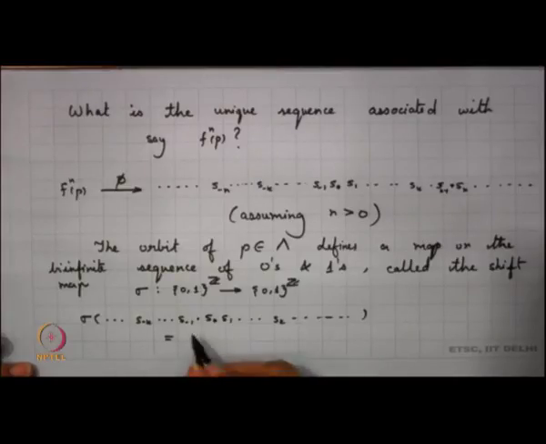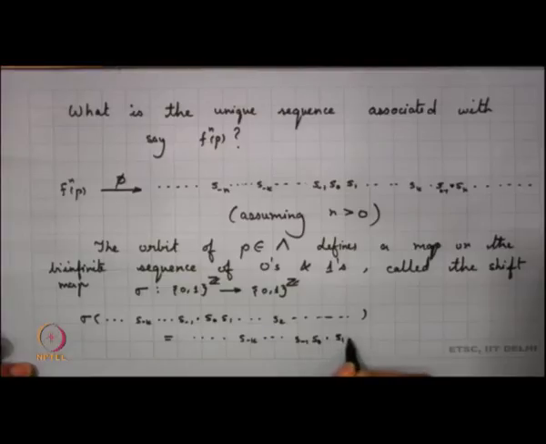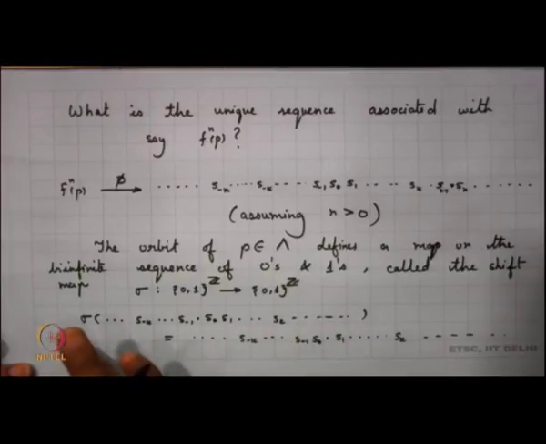So, this is nothing but my S minus k, S minus 1, S naught, I have a point here, I have S1 and then Sk. Now, this sigma is an invertible map, one can see, and so my sigma inverse would take the decimal point one point to the left.